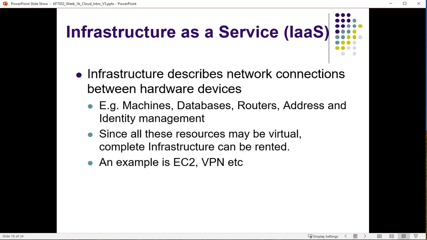So the advantage of using infrastructure as a service is you can construct your own complete IT infrastructure, which is paid for on a usage basis.